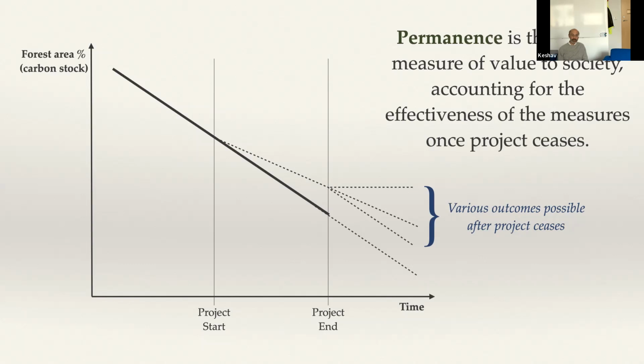And so we stopped it completely, which is great. So you had a permanent impact. The other case might be that the rate of deforestation declines, but not by much. The bottom dashed line says that the rate of deforestation is the same as it was before the project started. So there was a period of time in which we reduced the amount of deforestation, but then it went back to the normal rate after the project ended because the intervention ended.